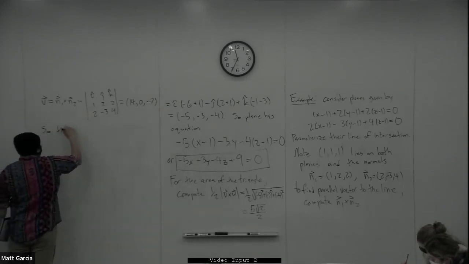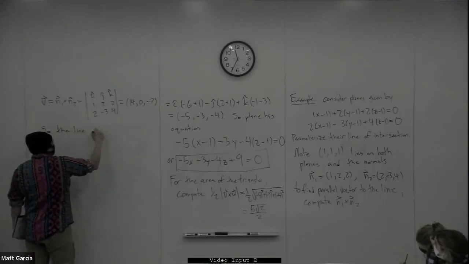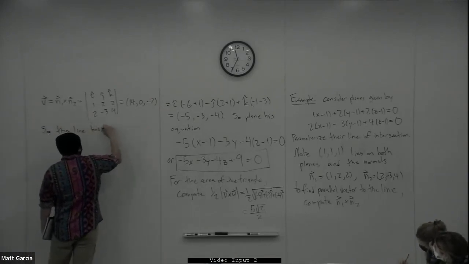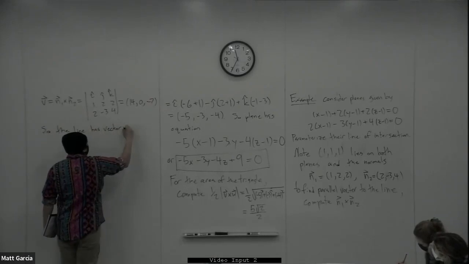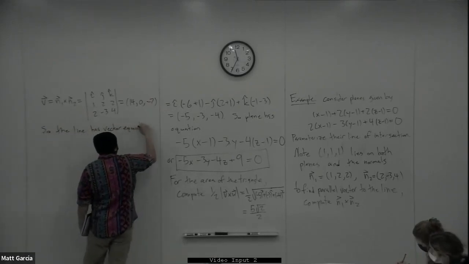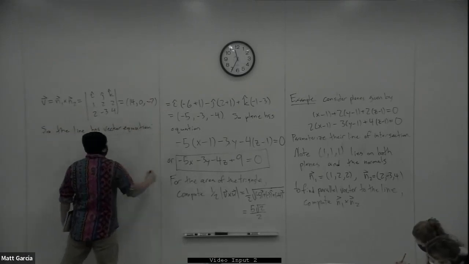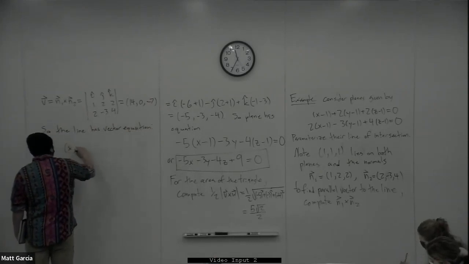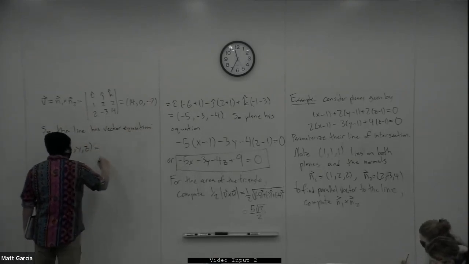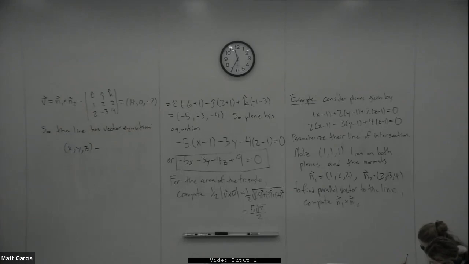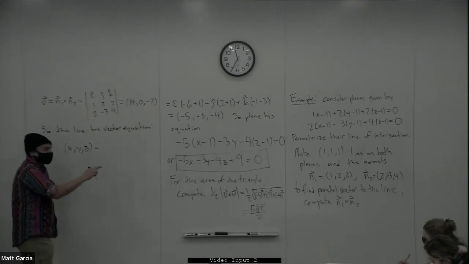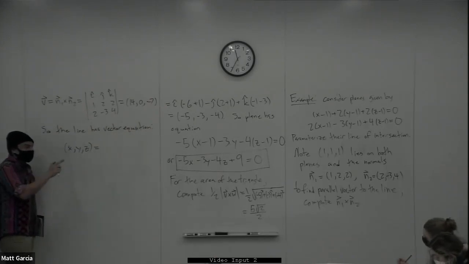So the line has vector equation (x, y, z) equals what? Okay, (x0, y0, z0), that's a point on the line. What point are you guaranteed is on the line?